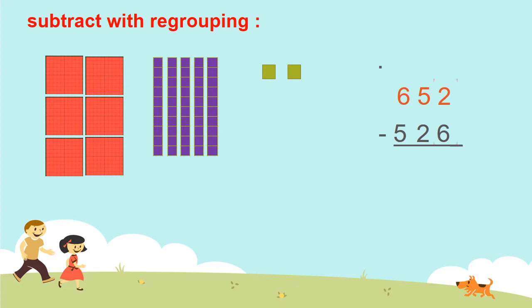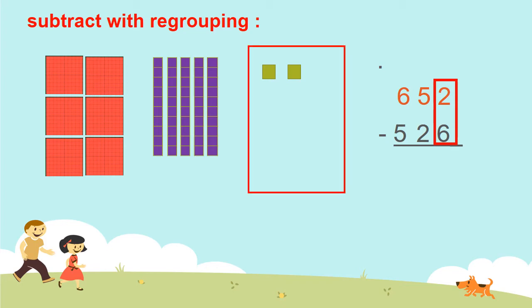Now start with the ones. 2 take away 6. I have 2. Can I take away 6? I have 2 oranges. Can I eat 6? Of course not. What are we going to do?